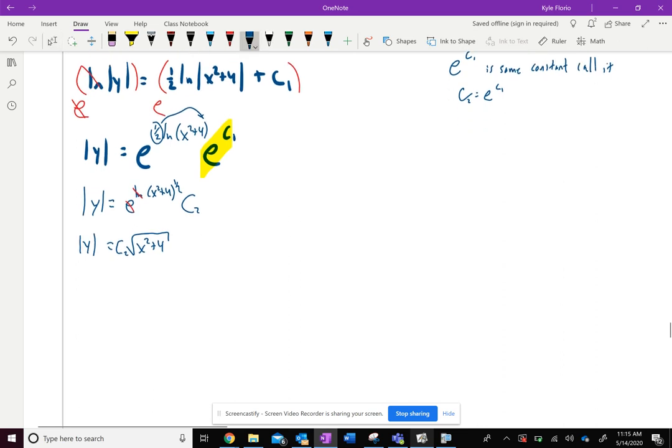And the absolute value I'm going to drop, and I'll explain why that's okay in a second. I'm going to call C equal to plus or minus C2. So again, this constant is either plus or minus C2. So whether y was negative or positive, we're going to be okay because it's just some constant that I can make positive or negative by making the constant positive or negative.